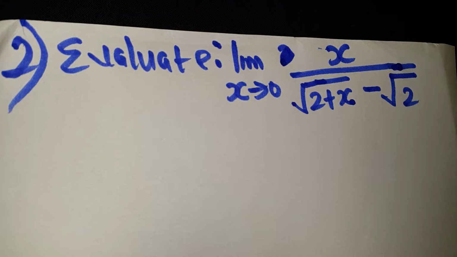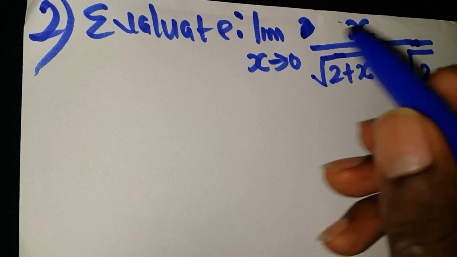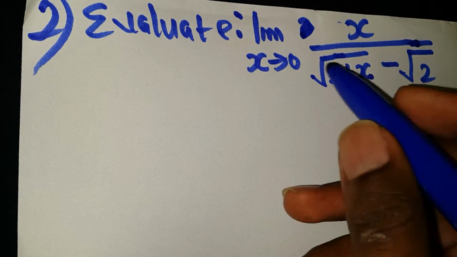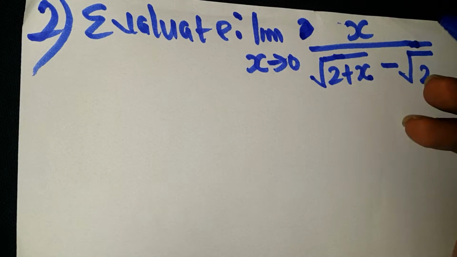So let's check if our answer will be 0 divided by 0. If it's 0 divided by 0, then you have to use a technique to solve our limit. That's the first thing you have to check. Now let's replace x with 0.